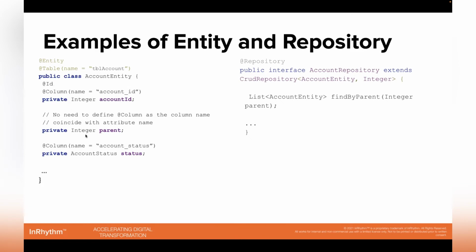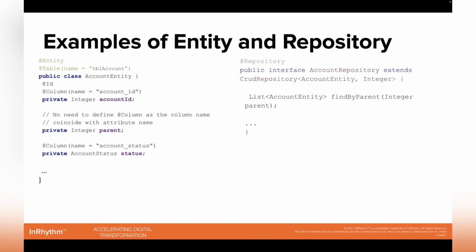And you see that on some attributes we have the column annotation, on some we don't. So if our property name coincides with the column name, we can skip the column annotation. Otherwise, we are specifying the column by providing the name of the column to which this particular attribute is mapped.